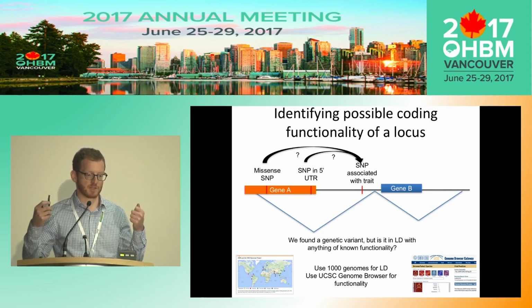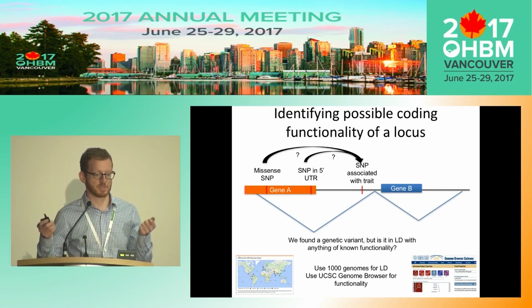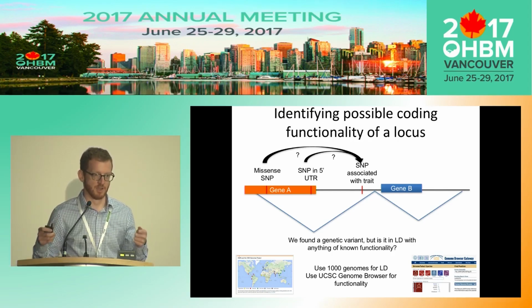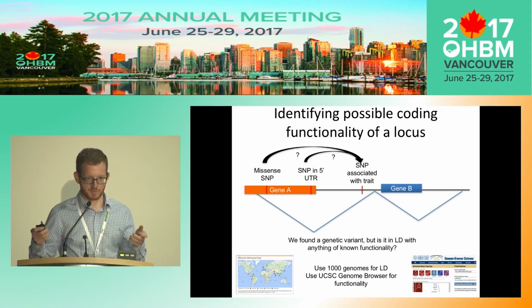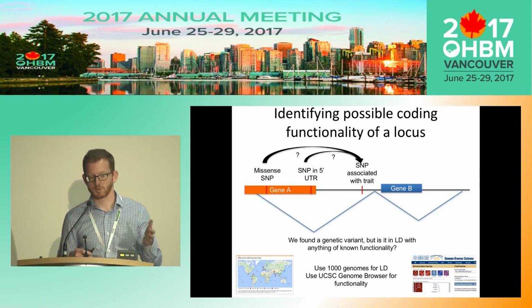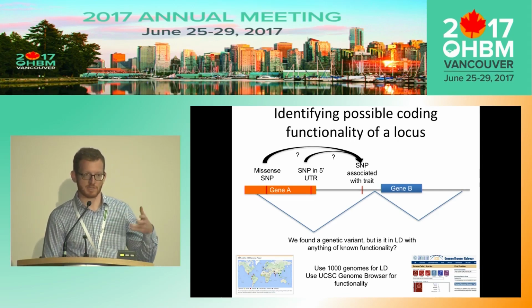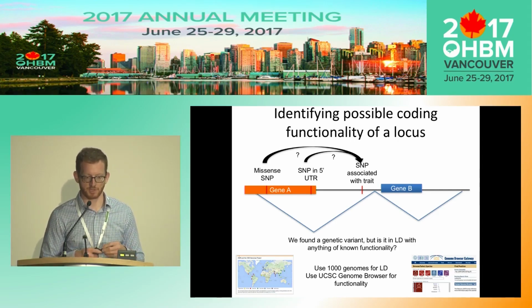So this may be affecting gene A because it's a missense SNP in gene A. From our experience in the ENIGMA Consortium, this is extremely rare to find. You don't usually get this lucky. But you always want to check this first because this is a very easily interpretable functionality.